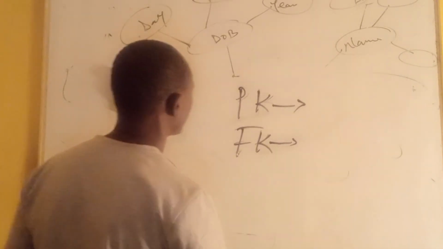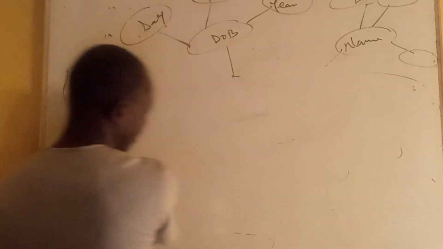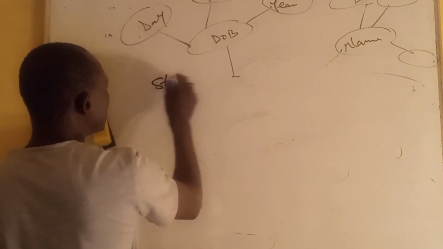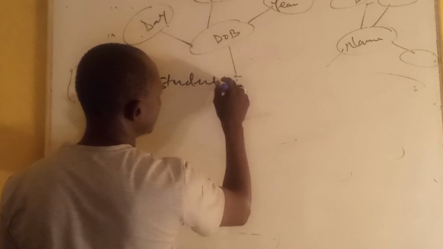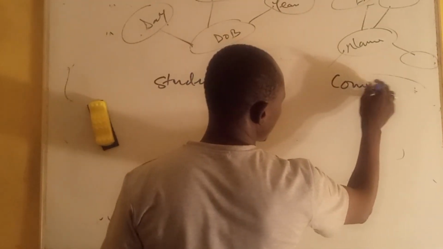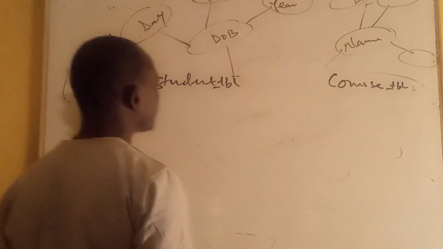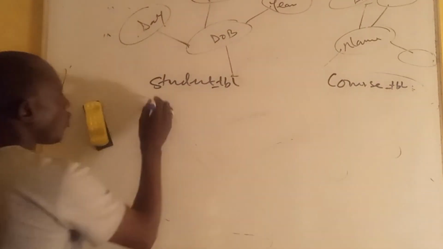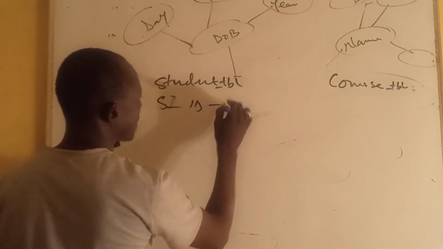Let's assume we have a table called student and a courses table. Student TBL, student table, and we have course TBL, course table, right? Here we have student ID, which is the primary key, right?